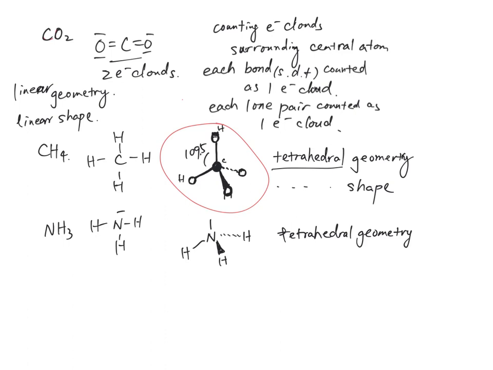No, you only have 3 hydrogens. This is a lone pair. You can't see it. And if you can't see it, you cannot count it into your shape. And that's why this is what we call a trigonal pyramidal shape.